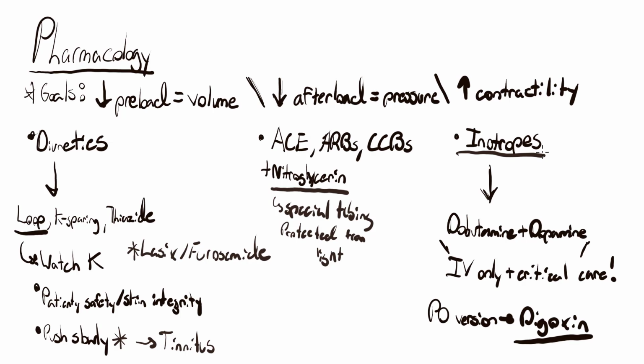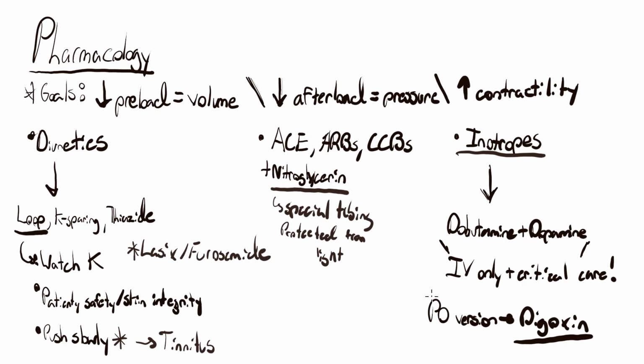Usually they are used in critical care situations as IV-only medications. Dopamine and dobutamine are examples, and you're in bad shape if you're on dopamine or dobutamine, unfortunately. Those are really intense medications that we would talk about in a critical care class.